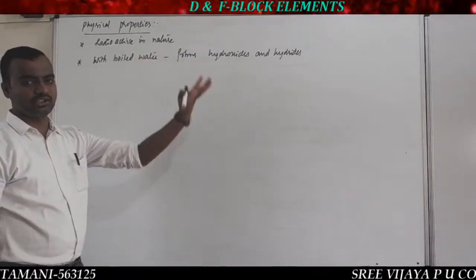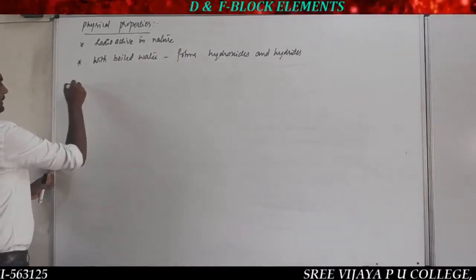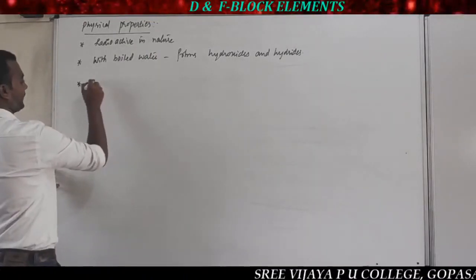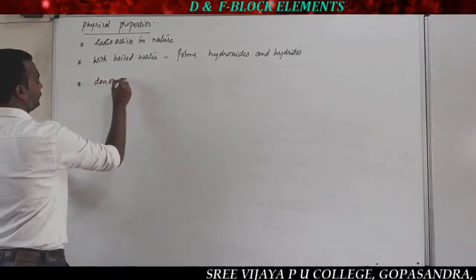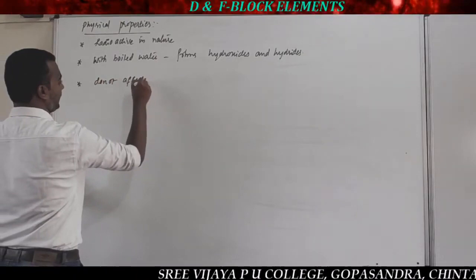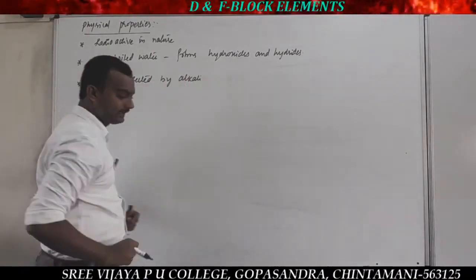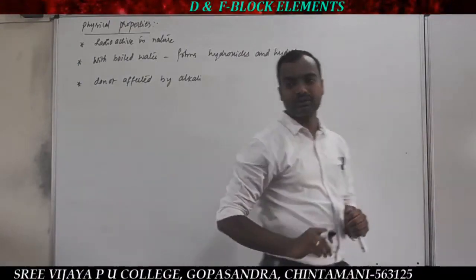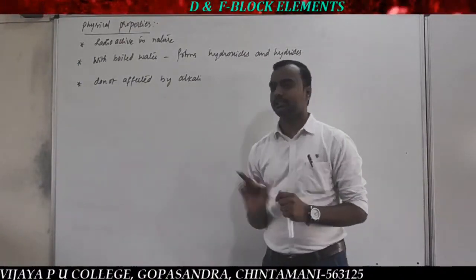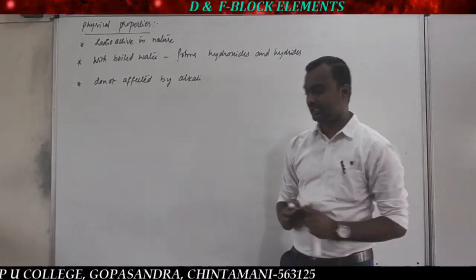Of course, oxides are good. So the next one is, they are not affected by alkali. Alkali is nothing but sodium hydroxide, potassium hydroxide, bases. So bases are there, and they do not react with any alkali.